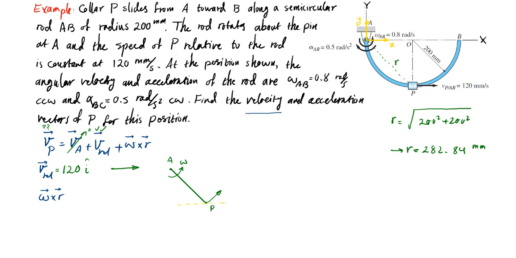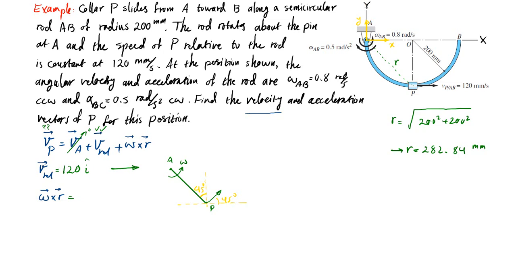Now the direction. If this is the horizontal line and this is the vertical line, we have a triangle where these two sides have the same length, like the radius, which means this angle is 45 degrees. So let's plug in the numbers.